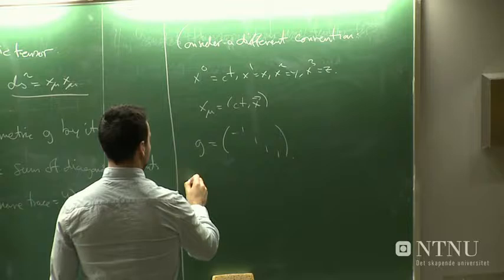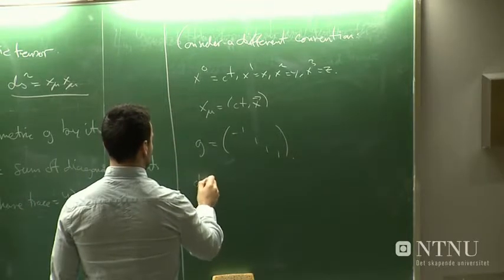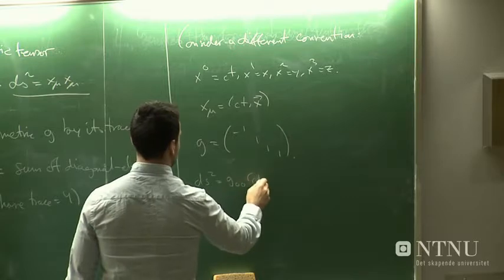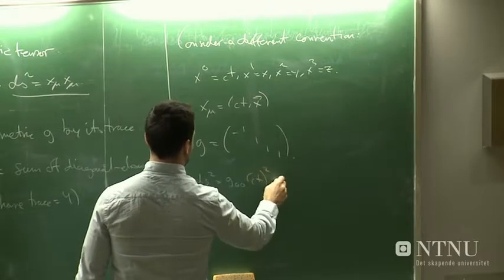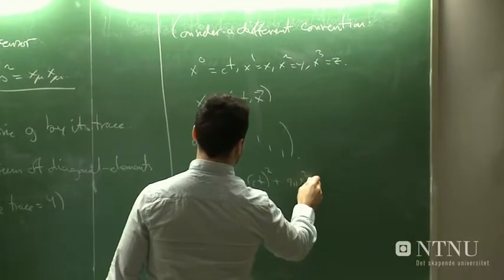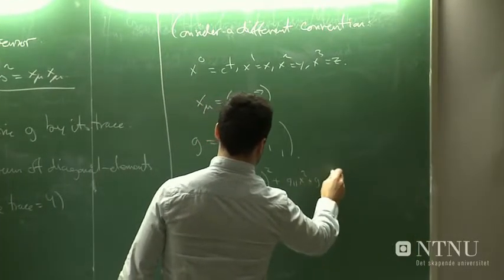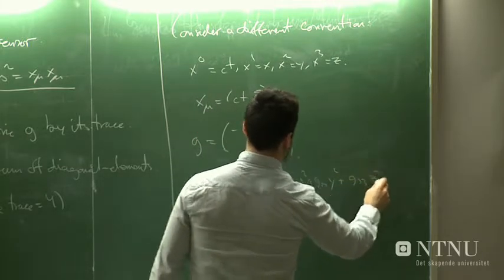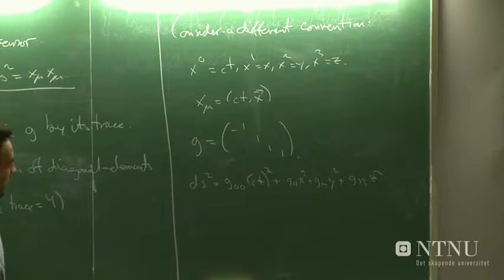So we get ds squared is g00. We get something like this.